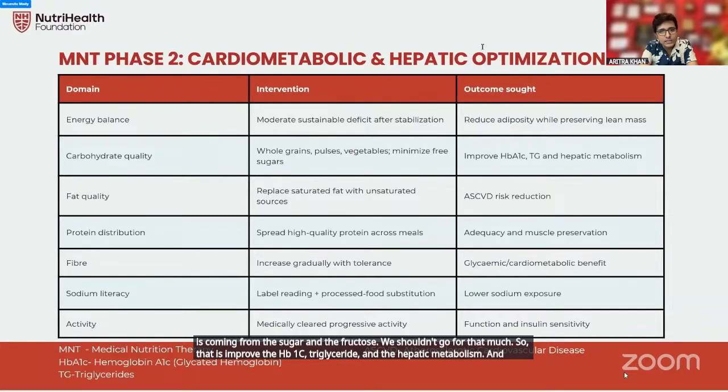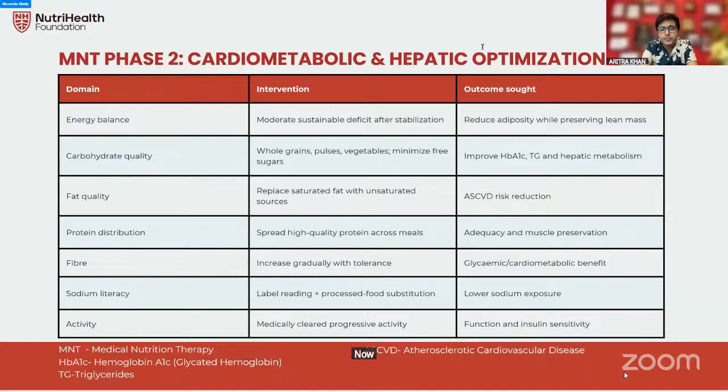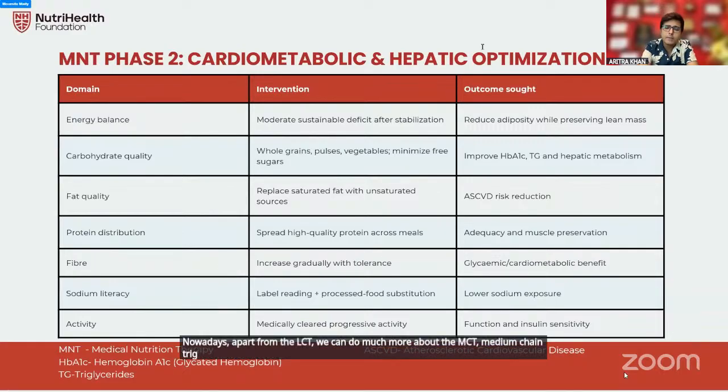And the fat quality, replace saturated fat with the unsaturated sources. That is very, very important for the CVD risk reduction. Nowadays, apart from the LCT, we can do much more about the MCT, medium chain triglyceride. Why? Because medium chain triglyceride doesn't require any kind of pancreatic lipase and also the bile salts.